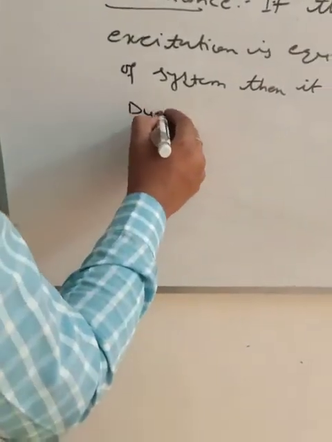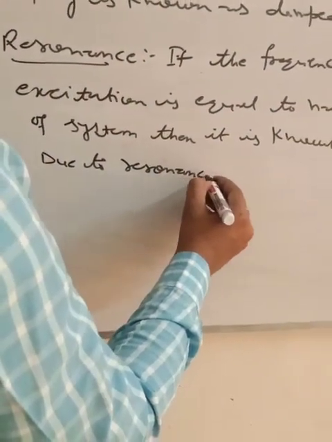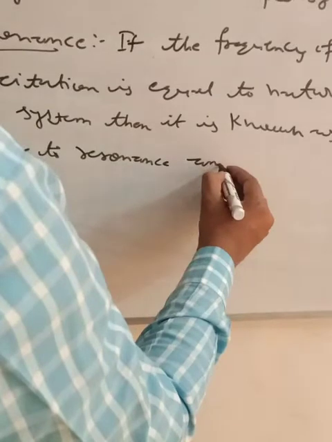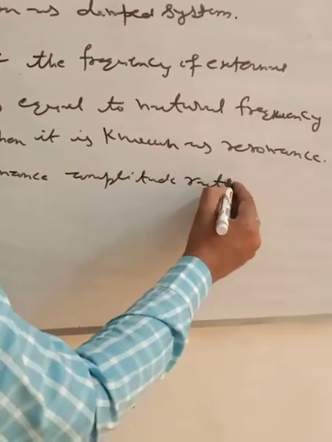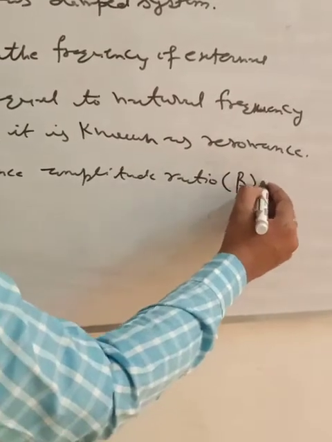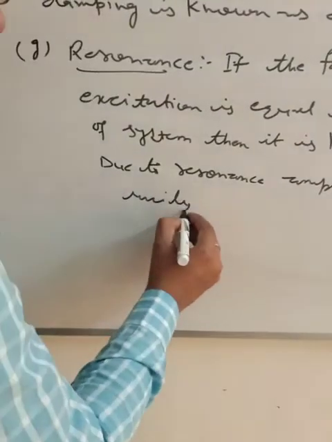Due to resonance, the amplitude ratio beta is unity.